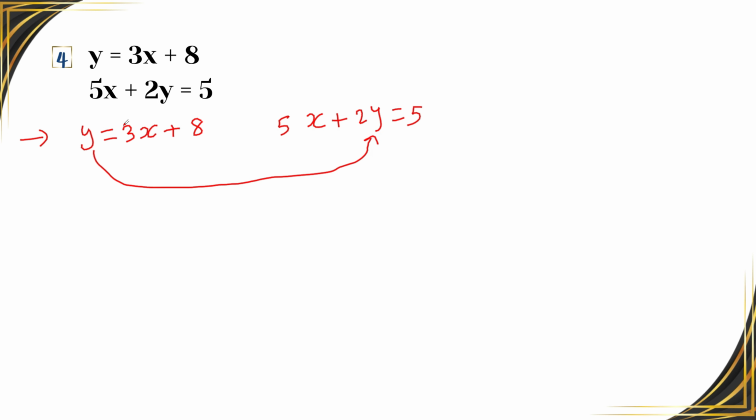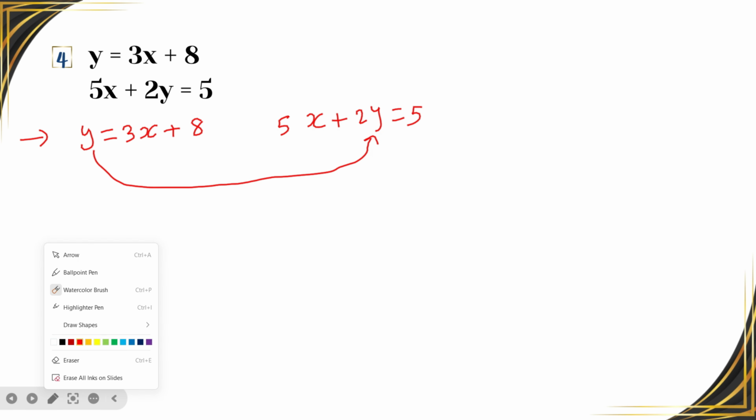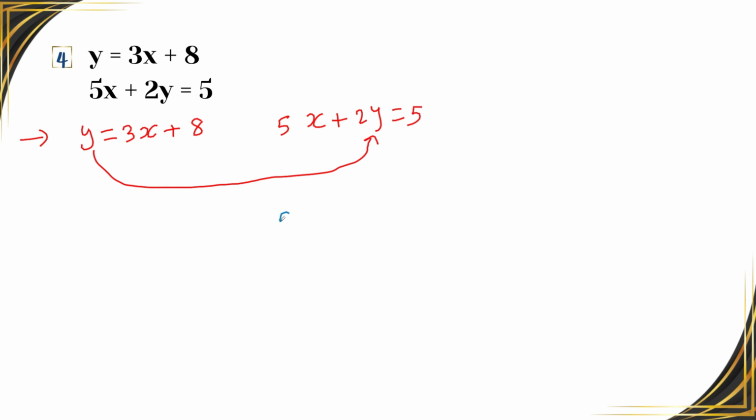Let's write the second equation without y: 5x plus 2 times an empty bracket equals 5. This y we replace with an empty bracket, and what should we write inside? From the first equation, y equals 3x plus 8. Then we write it here, 3x plus 8.